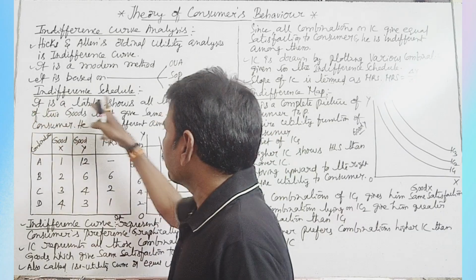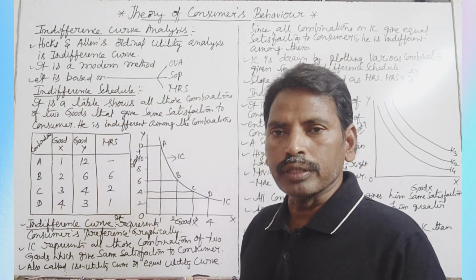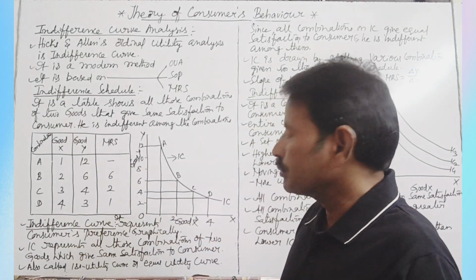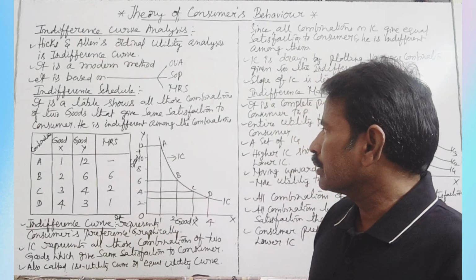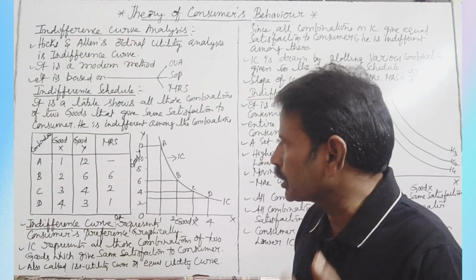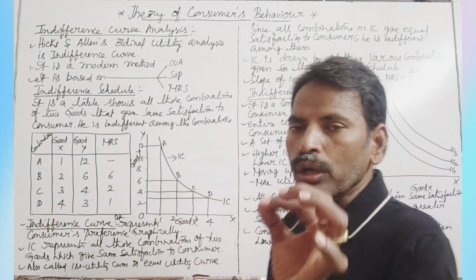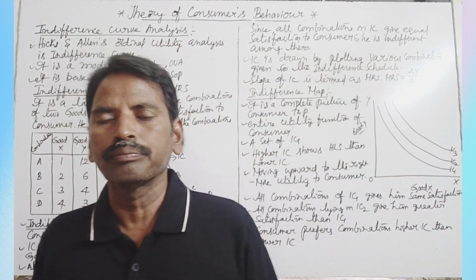Next, indifference schedule. What is the meaning of indifference schedule? It is a table showing all those combinations of two goods that give the same satisfaction to the consumer. He is indifferent among the combinations. This is known as indifference schedule.